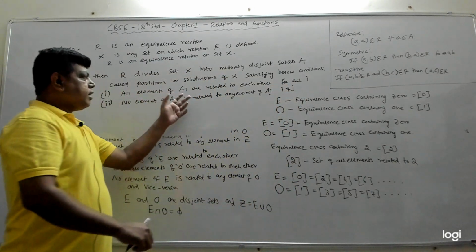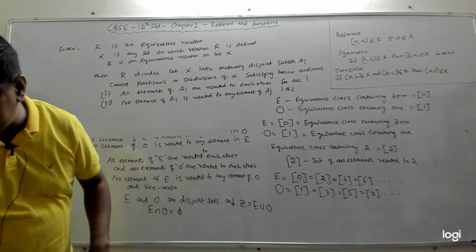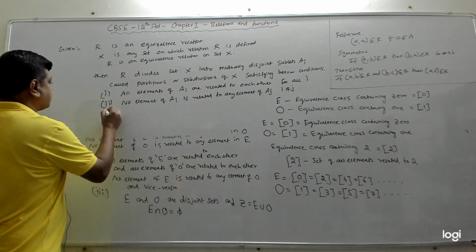Now I will explain what is Ai, what is Aj. This may be a little confusing. I will explain. Let me write the given condition.